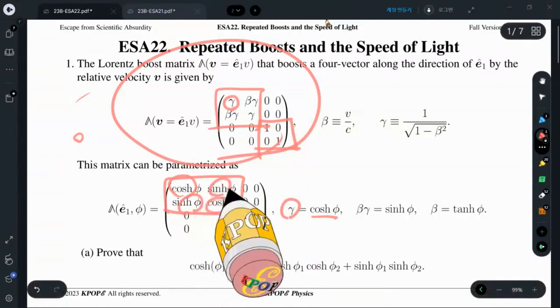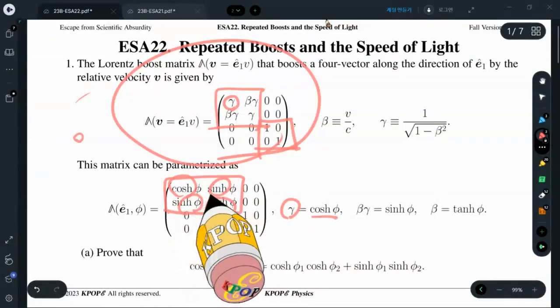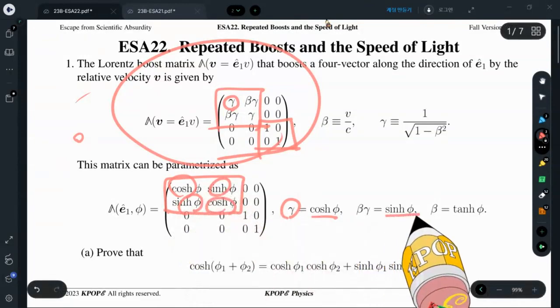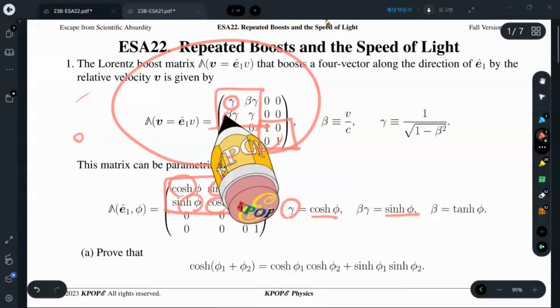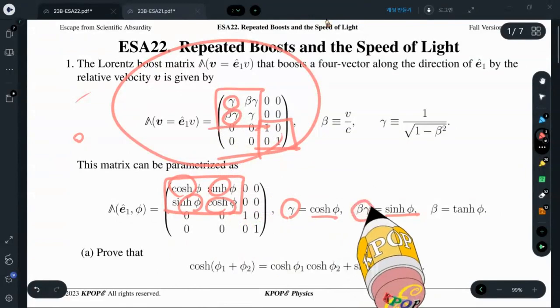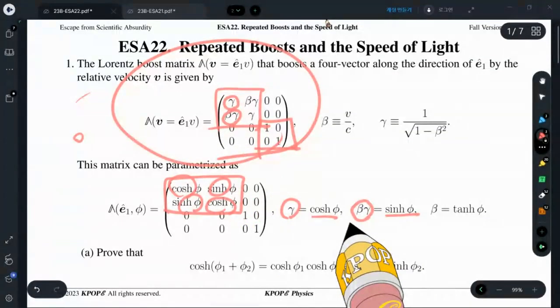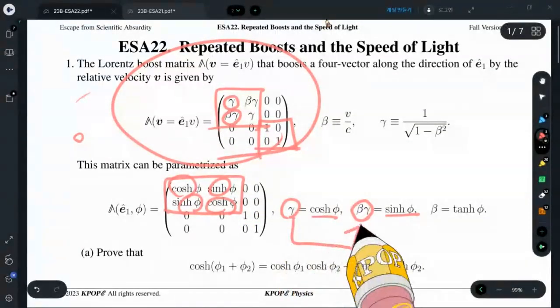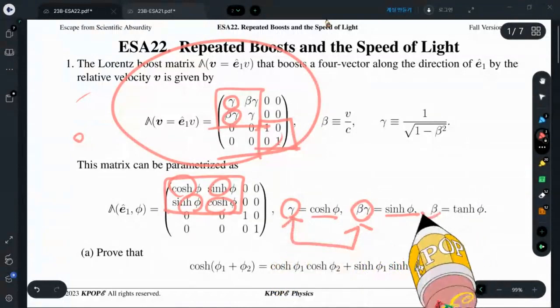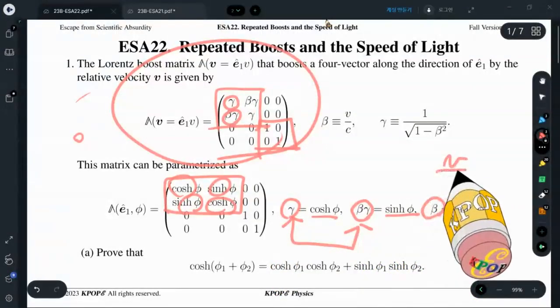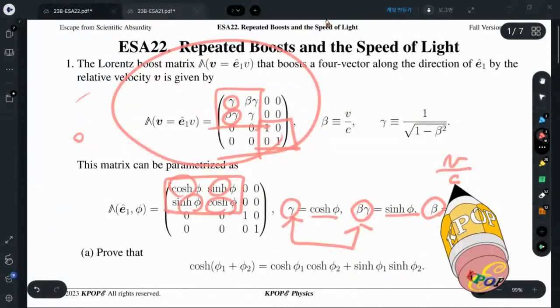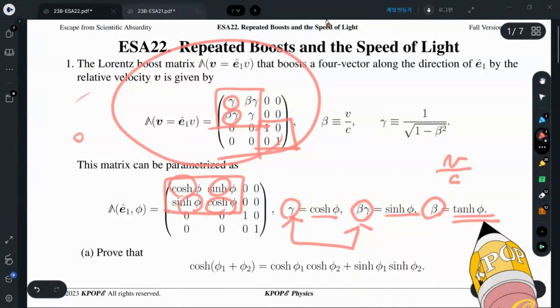The off-diagonal components are the same, sine hyperbolic phi, which I can read as beta gamma. If I take this ratio, I obtain the relative velocity divided by the speed of light, that is tangent hyperbolic.